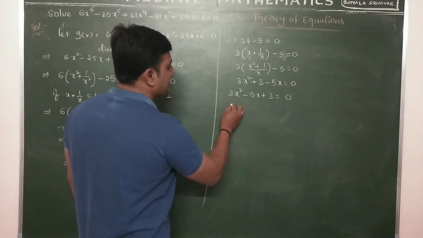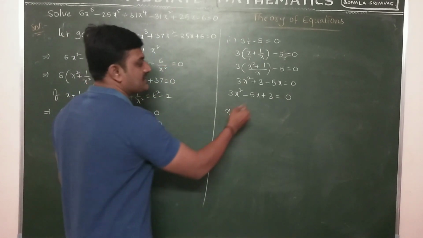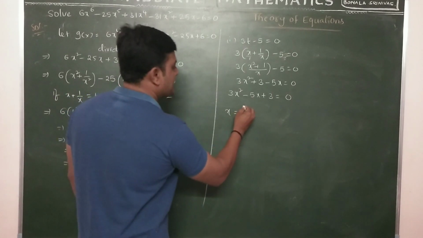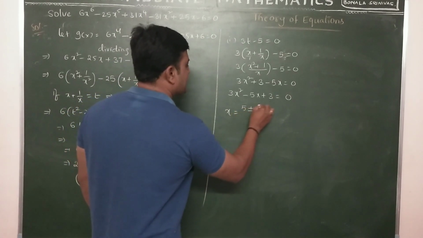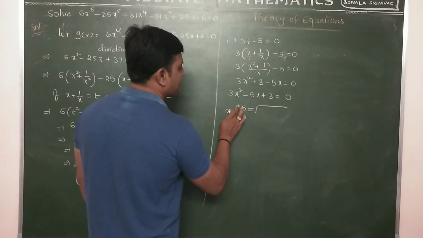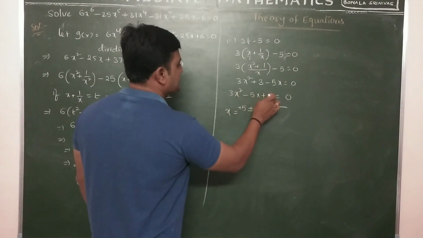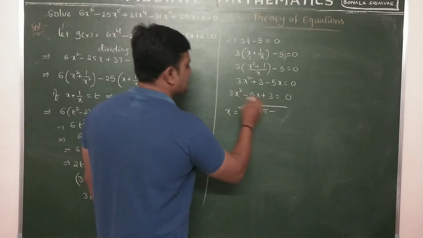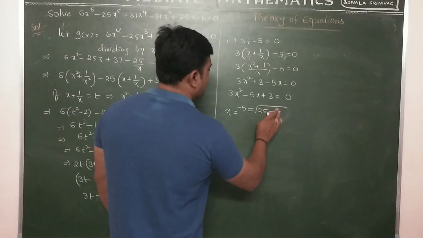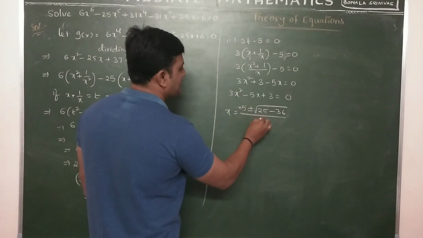So that's why we apply the formula x equals minus b plus or minus under root b square minus 4ac by 2a. b square means 25 minus 4ac, 4 nines are 36, by 2a, 2 into 3, 6.